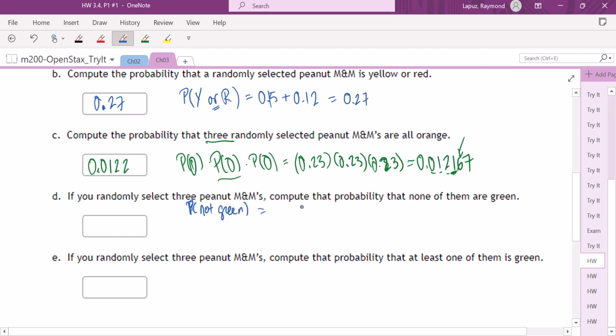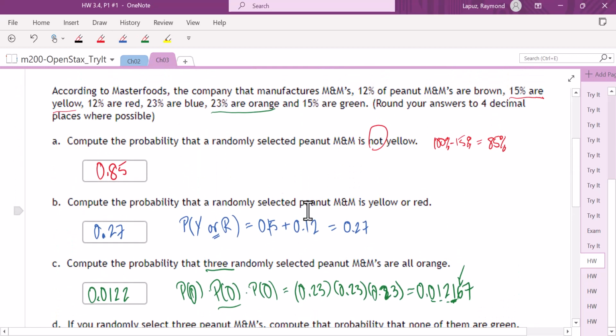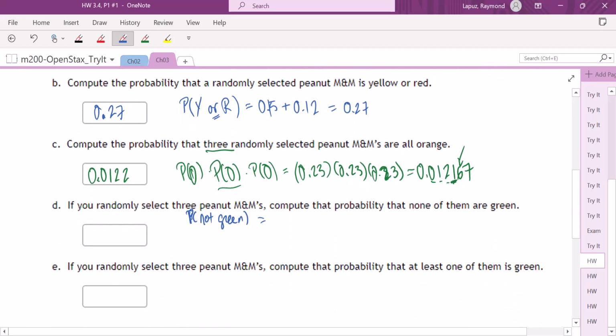The probability of selecting a green M&M is 0.15, but we want not green, so it's anything else but the green, which is 100% minus 15%. That's 0.85.